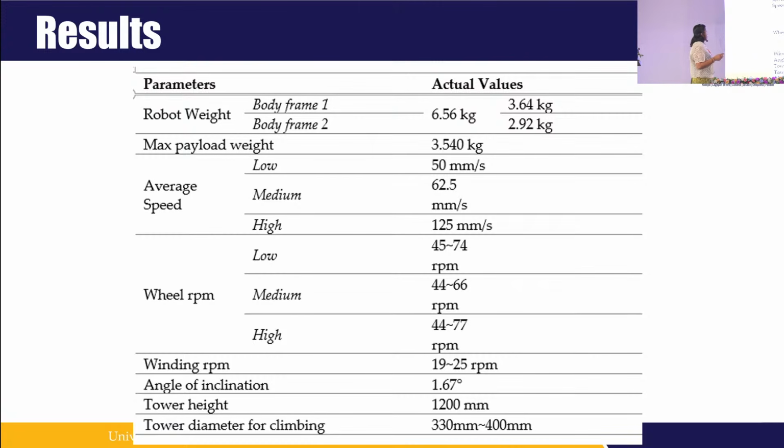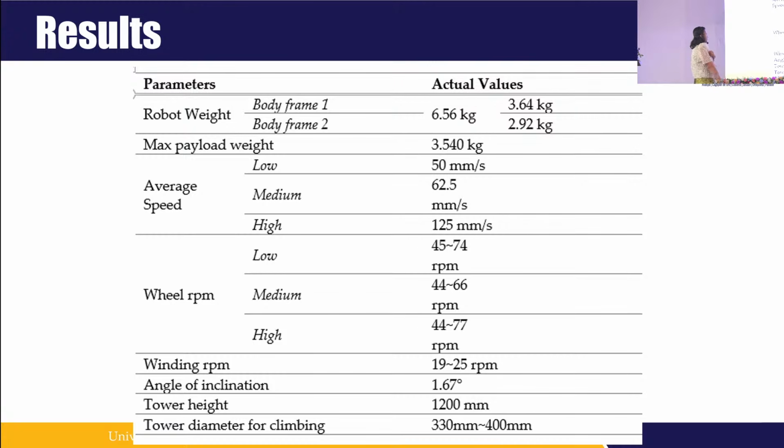For the RPM, we have 45 to 75 RPM in each wheel. And then for the medium, we have 44 to 66 RPM. And then for the high, we have 44 to 77 RPM. So the winding RPM is around 19 to 25 RPM.